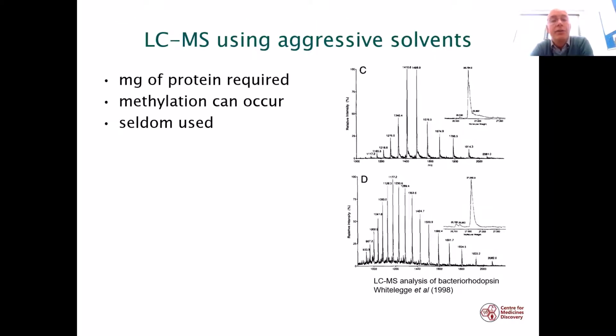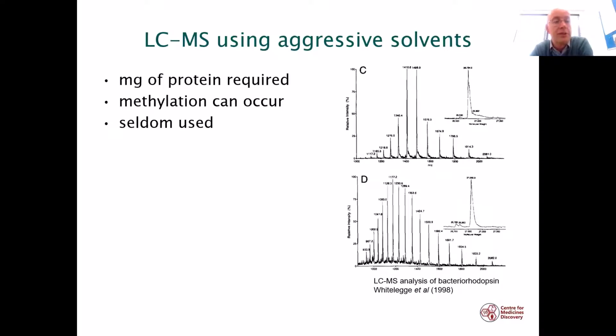I guess the first method that used intact mass measurement for membrane proteins is this one. It was developed quite a long time ago, over 20 years ago now, and you need to precipitate the protein, and then you can perform very nice LC-MS using what I would describe as aggressive solvents.